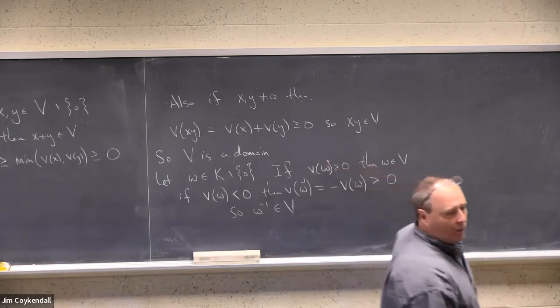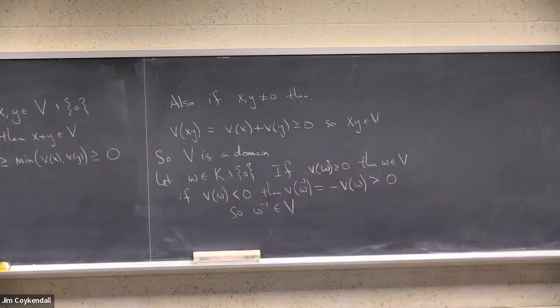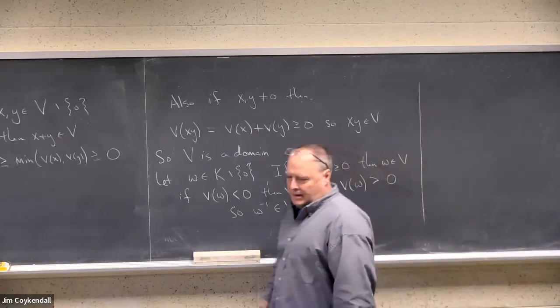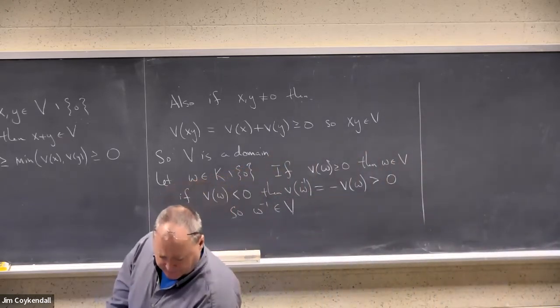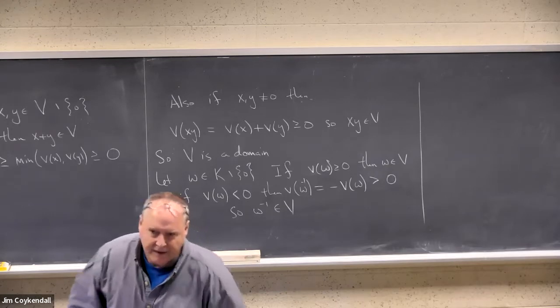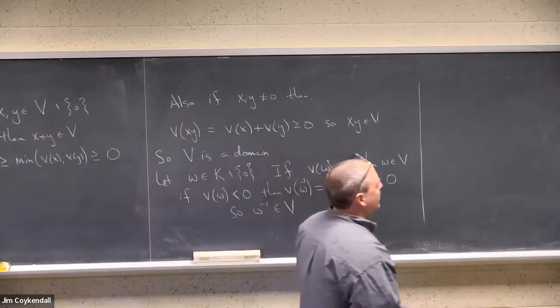So this shows that B is actually a valuation domain. Okay. Any questions on that? Okay.